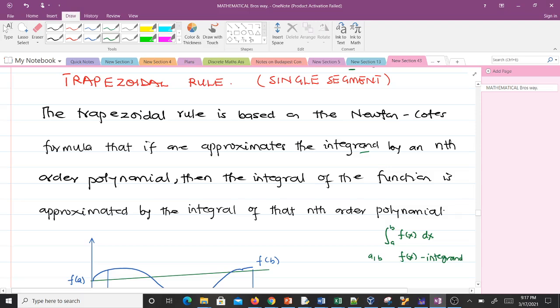When we approximate the integrand by an nth order polynomial, then the integral of the function is approximated by the integral of that nth order polynomial. So we can approximate this integrand by a first order polynomial, a second order polynomial, or something like that, and we use that for our calculation.